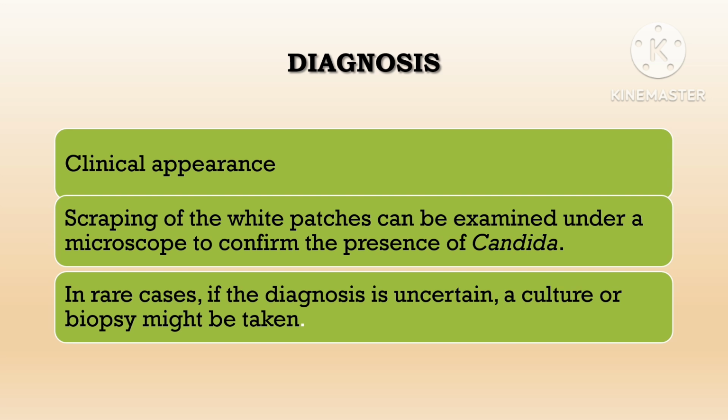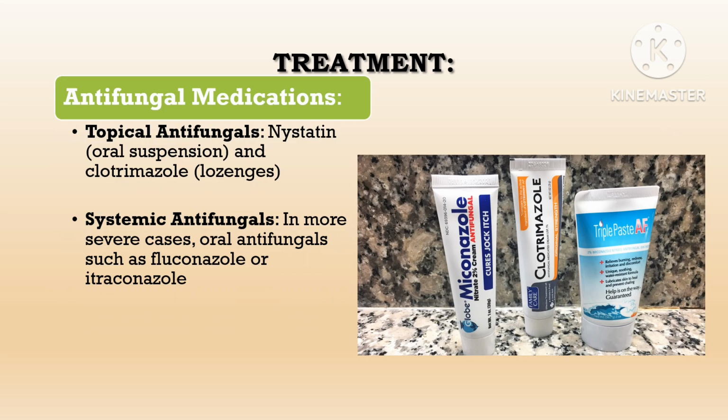Diagnosis of Candida albicans is mainly on the basis of clinical examination, but a scraping of the white patches can be examined under the microscope also to confirm the presence. Or in rare cases, if the diagnosis is uncertain, then we may go for culture and biopsy of that particular lesion. So now we'll come to the management part of oral candidiasis.